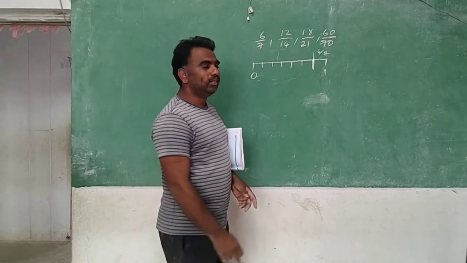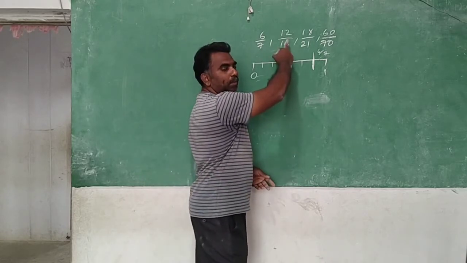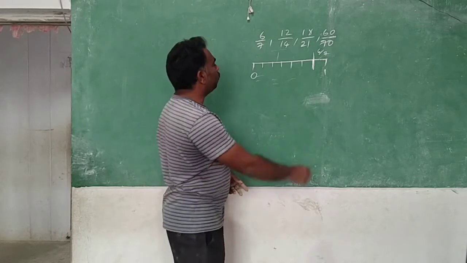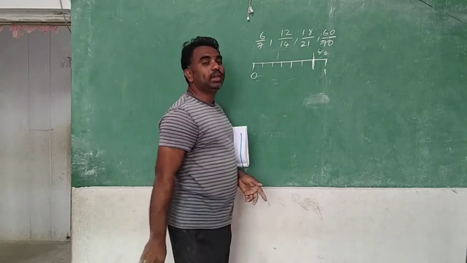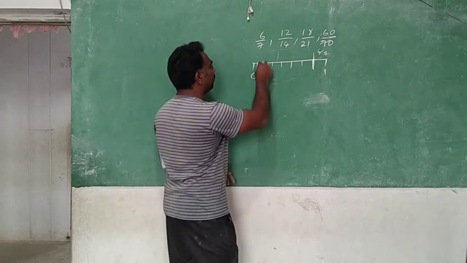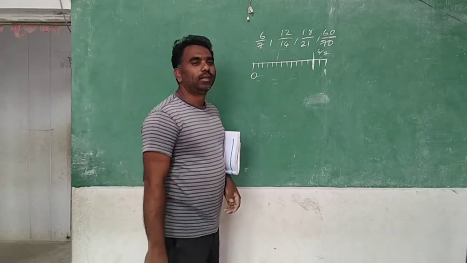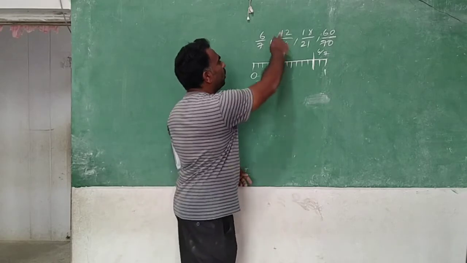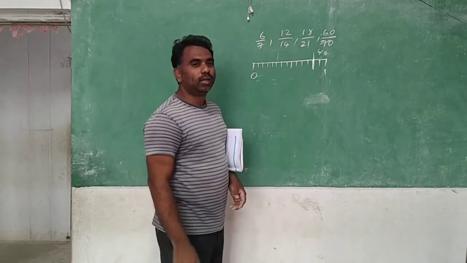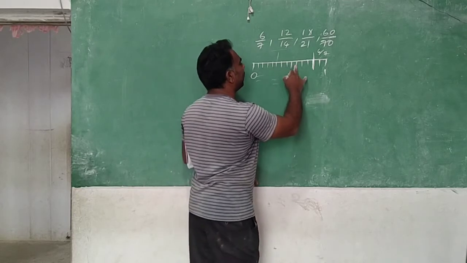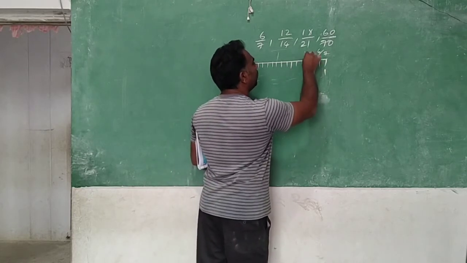This is also a proper fraction, also between 0 and 1. We shall divide this into 14 parts. Now it becomes 14 parts. Now what is this? For 12 by 14, the 12th one you have to take. Count: 1, 2, 3, 4, 5, 6, 7, 8, 9, 10, 11, 12. That is only what we are getting.